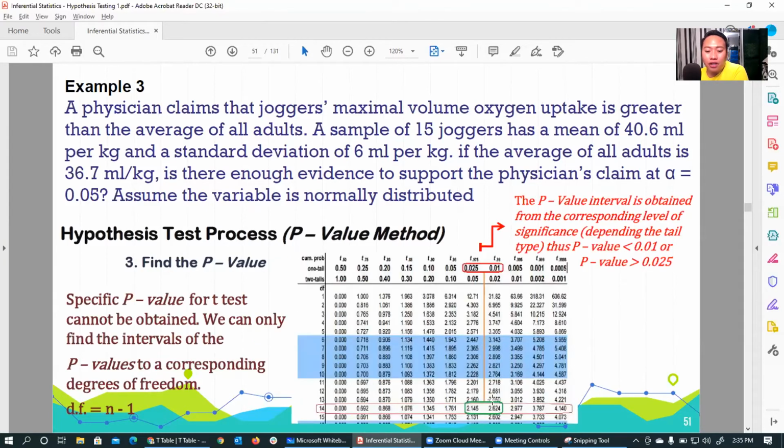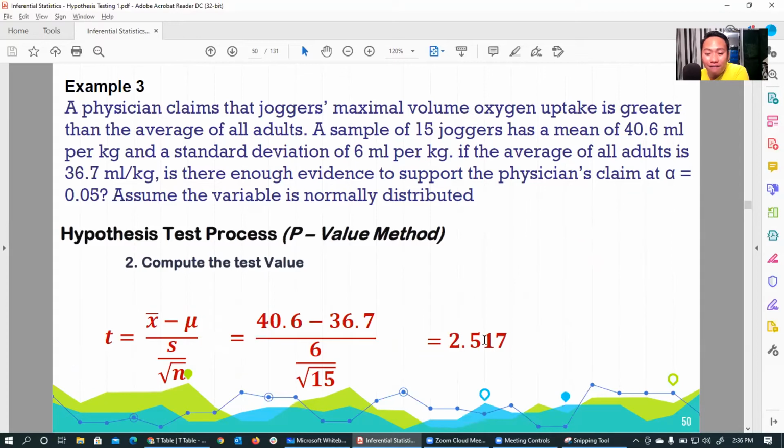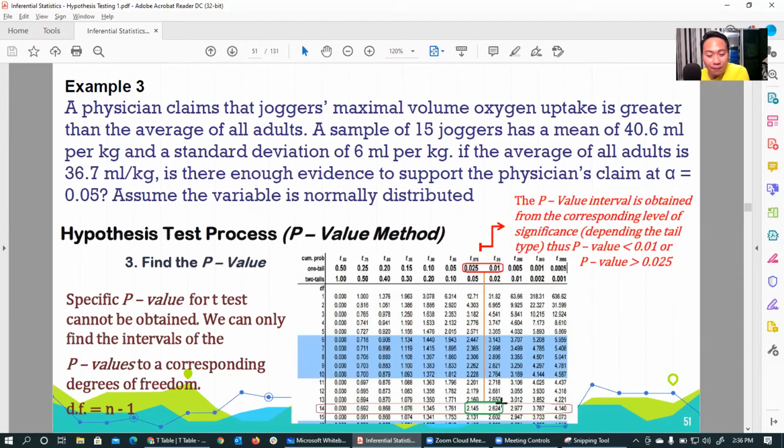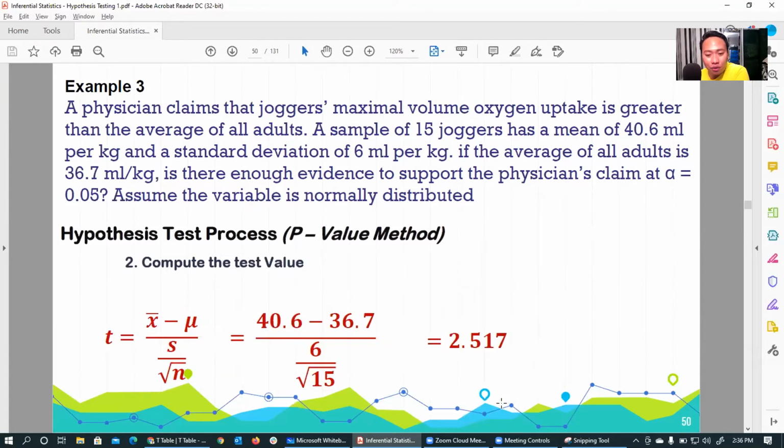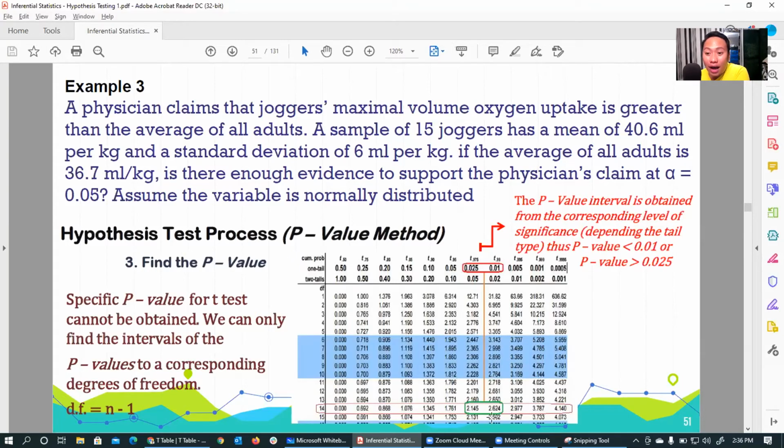I have already placed two values inside the green box, 2.145 and 2.624. Why those two values? It is because 2.517 belongs somewhere in that interval. You can see that between 2.145 and 2.624, this 2.517 belongs to that interval. That's why those were chosen.